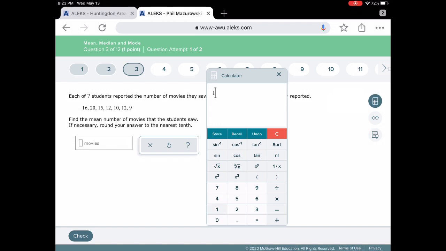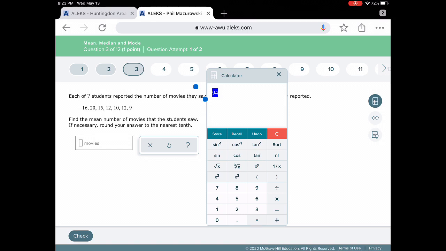So I'm going to take my calculator. 16 plus 20 plus 15 plus 12 plus 10 plus 12 plus 9, and I end up with 94. Now this one's nice. We don't have to count because it actually told us there are 7 students.